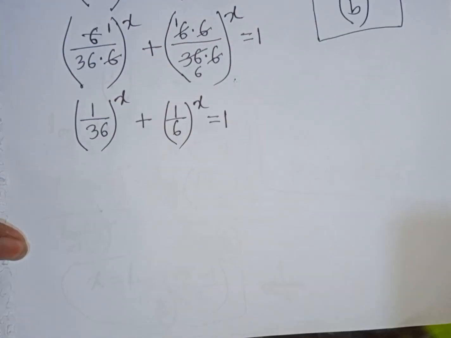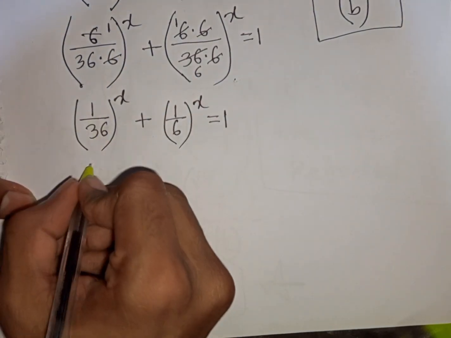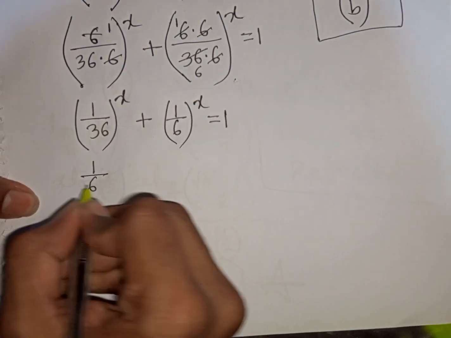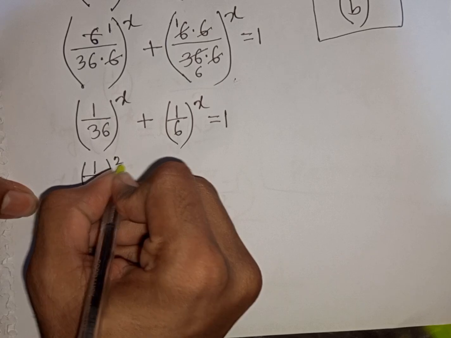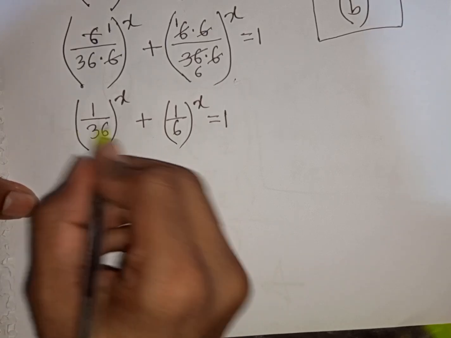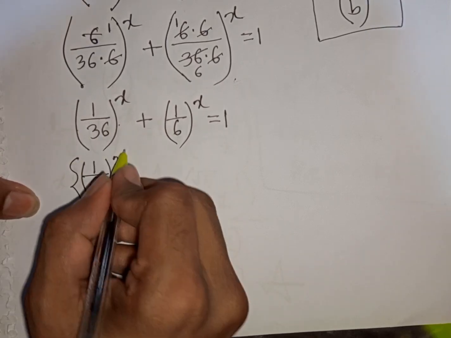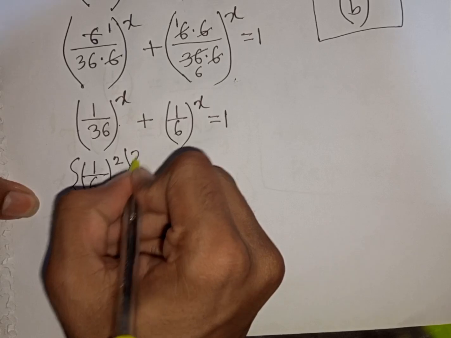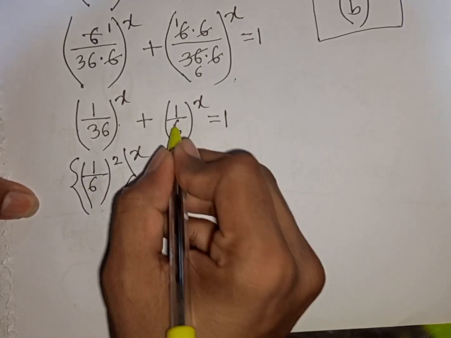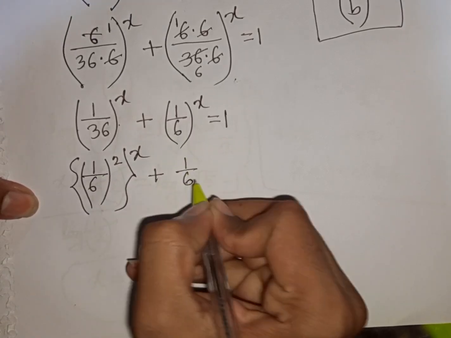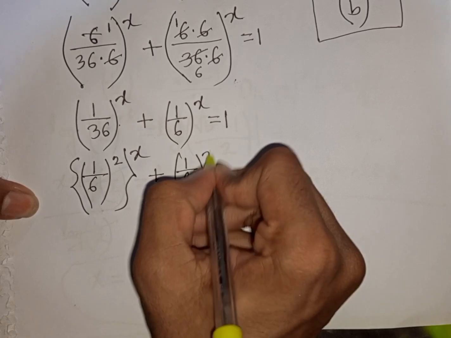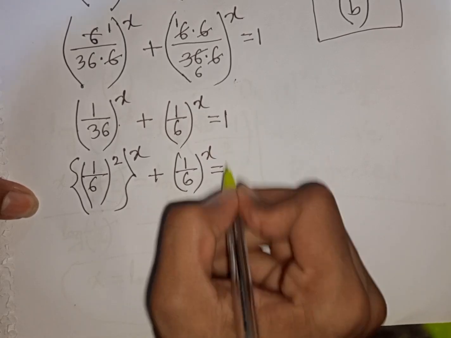Now 1 by 36 can be written as 1 by 6 bracket power of 2. Then this first bracket can be written as second bracket, then power of x, plus 1 by 6 bracket power x is equal to 1.